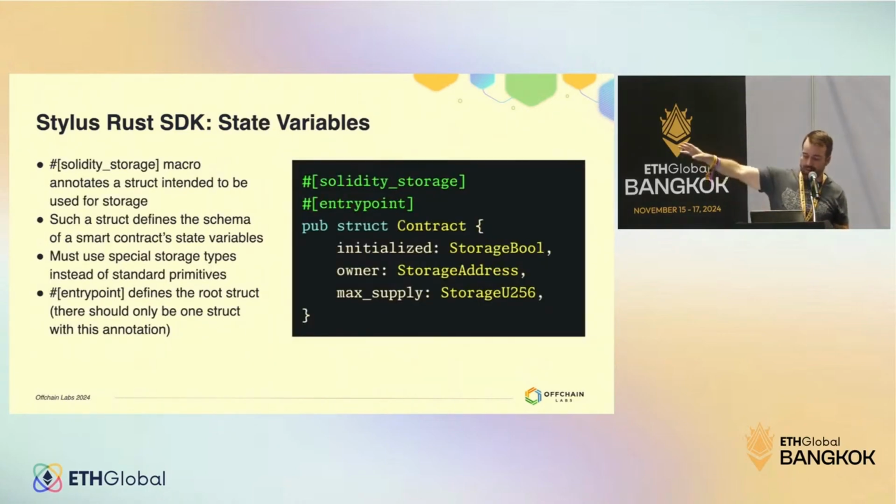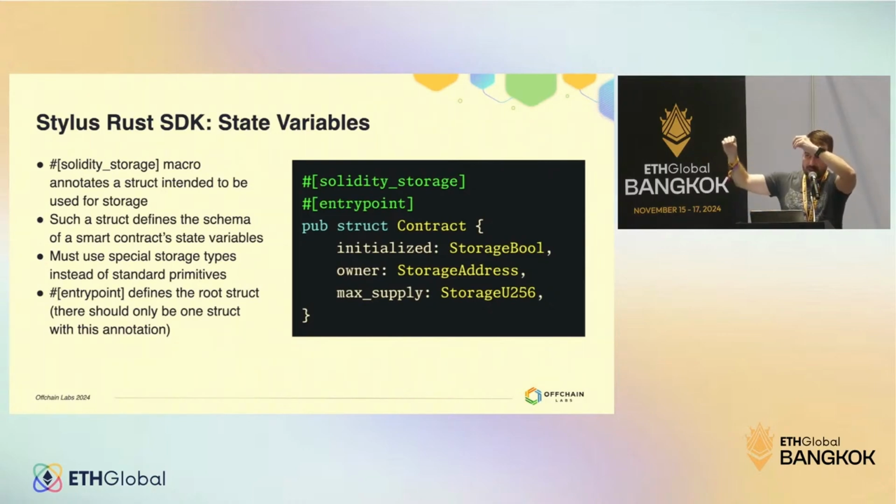Okay, remember earlier I was showing you that hashtag with the as a macro type. So what you're seeing right here is the Solidity storage macro, and what that means is we're declaring a struct type right here. This is us setting up our state for our smart contract, for how our state's going to be laid out, and that Solidity storage macro is saying to Rust this is going to lay out everything in a Solidity compatible way.